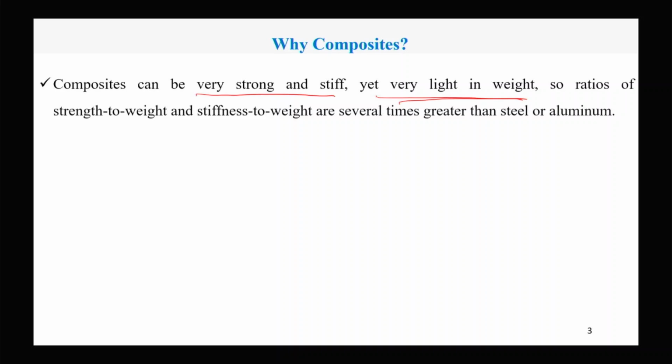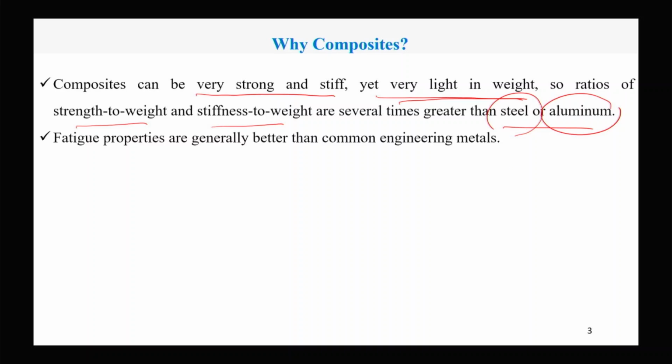So the ratio of strength to weight and stiffness to weight are several times greater than the normal engineering materials like steel or aluminum. That's why nowadays steel and aluminium are replaced by composites in many areas.